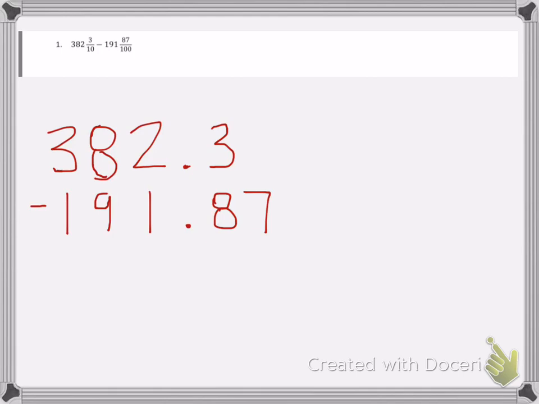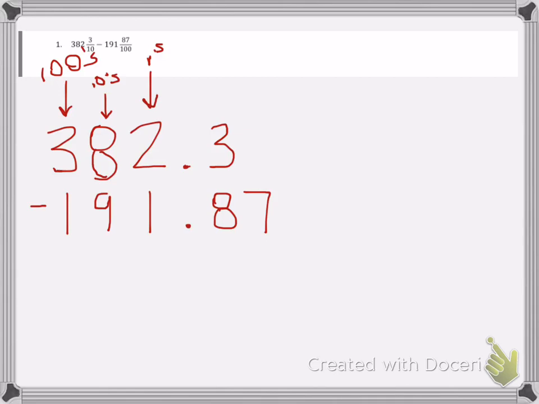Notice that I took my ones place and I lined them up, so these are all ones place digits. I've also got a spot for the tens, and a hundreds place.